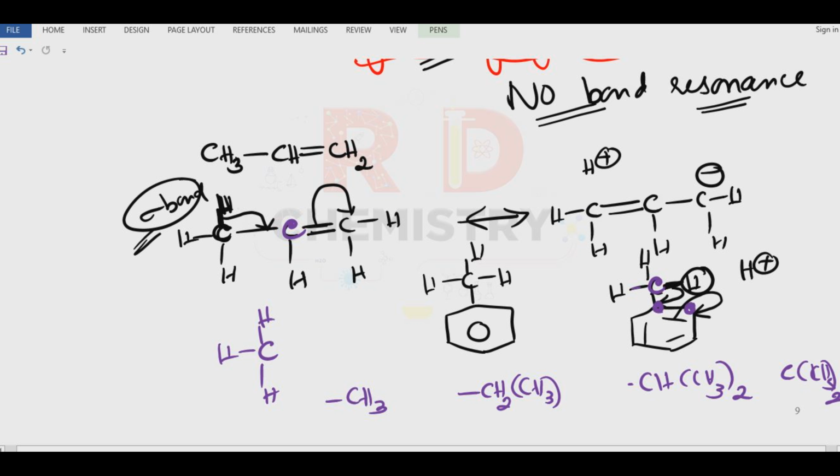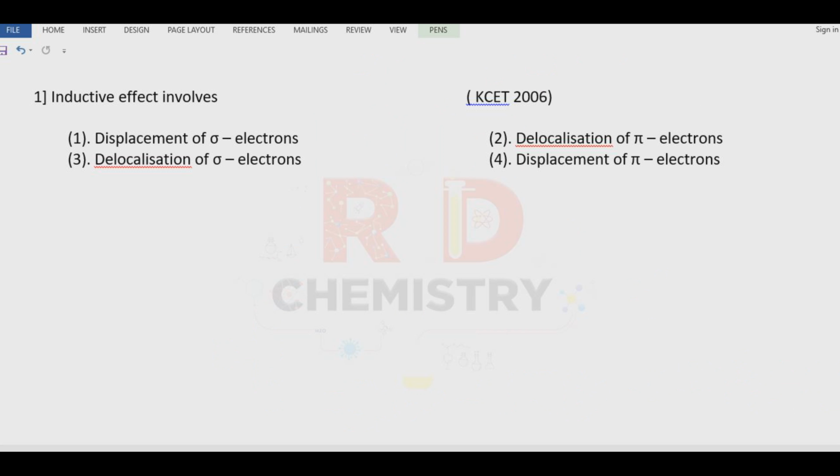Okay, tertiary, secondary, primary, and simply methyl group. So the order of effect for hyperconjugation: the methyl is more, then primary, secondary, and tertiary goes on like this. Okay.